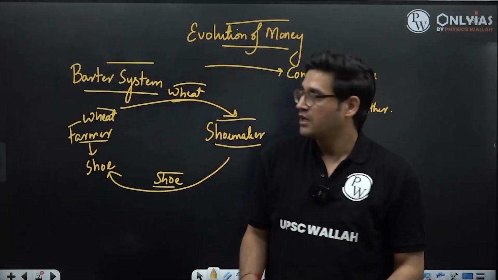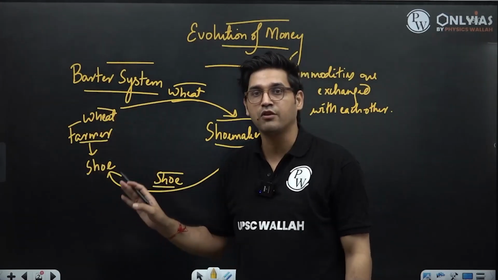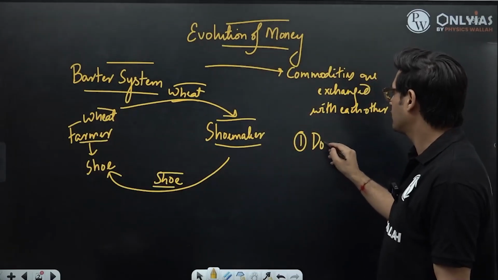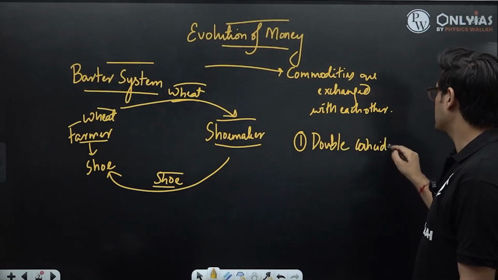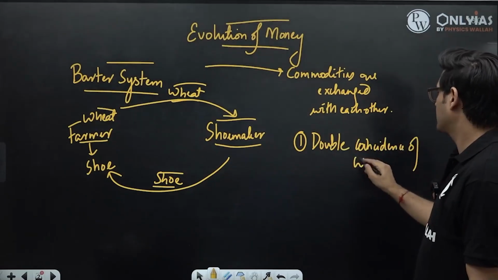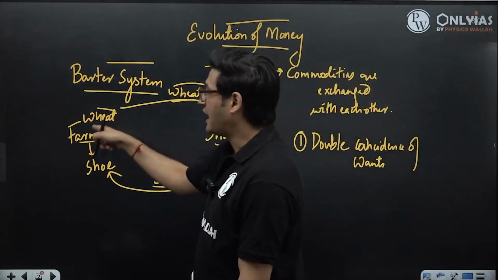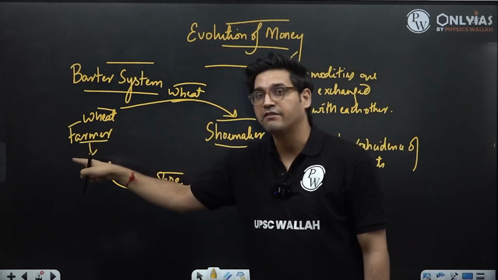That means in a barter system, for any transaction to get fulfilled, there has to be what is called a double coincidence of wants. That means what I want, he has, and what he wants, I have.